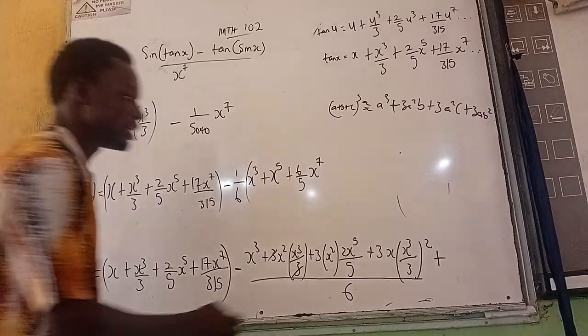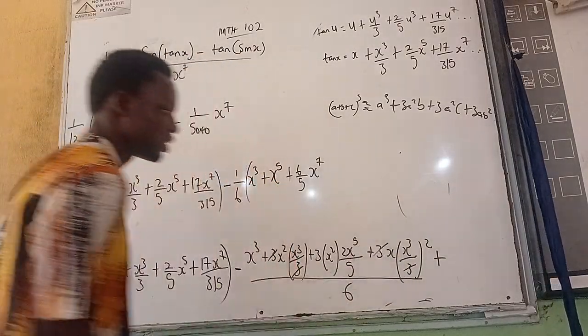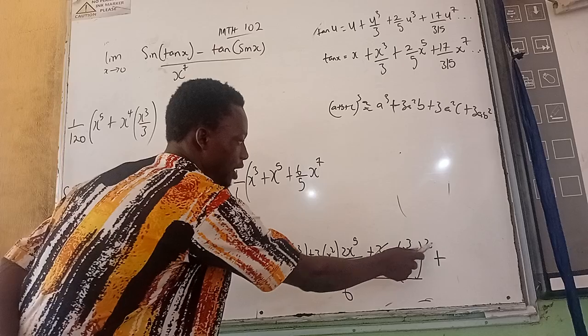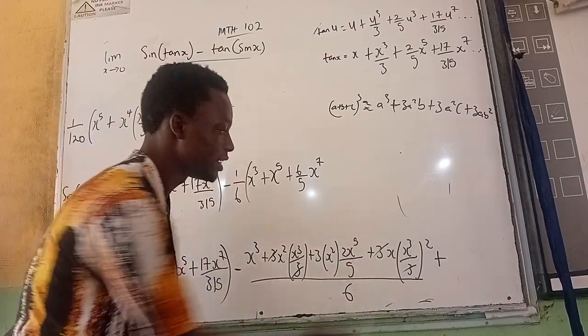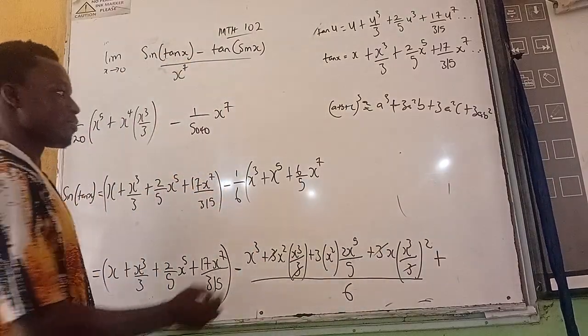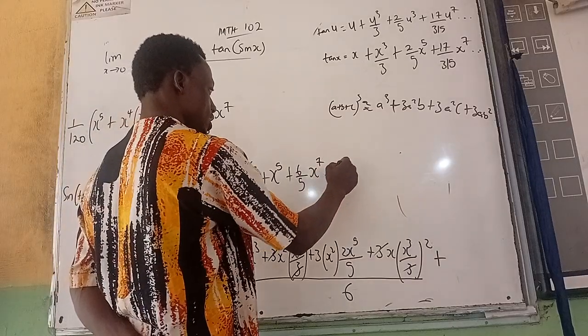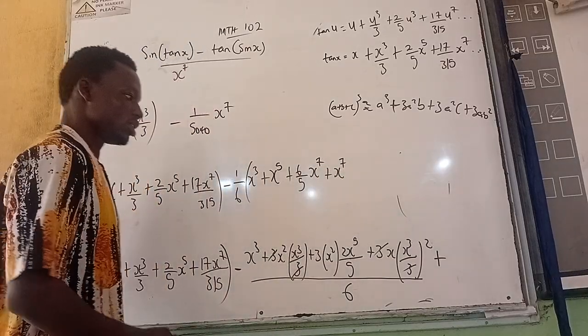Are we together? Here, 3 cancels 3. x cubed times 2, that's x raised to the power 6, times x, that's x raised to the power 7, plus x raised to the power 7. Do we get that?